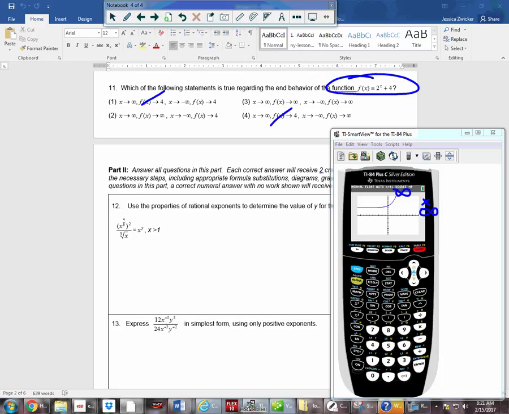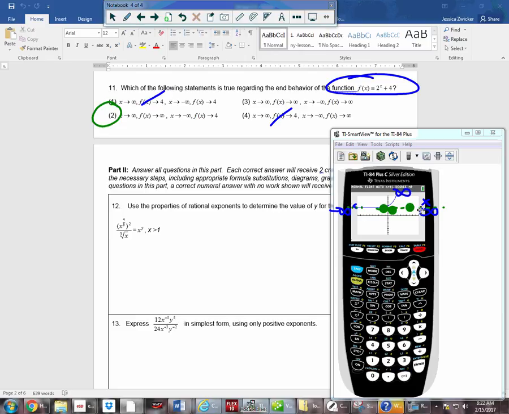Now, what's happening as x goes to negative infinity? As x goes to negative infinity, this was our special exponential function. As we go to negative infinity, the function isn't going up or down. It's sort of leveling out right here at the asymptote. And the asymptote of that function, pardon those big green dots, is 4. So as x goes to negative infinity, the function is approaching 4.